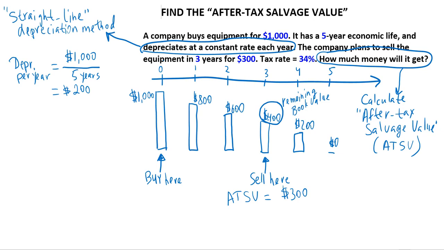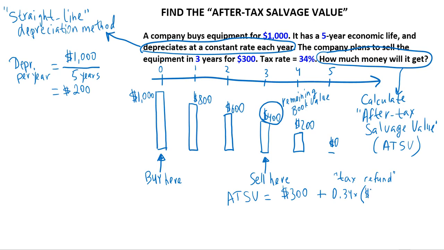And so since the taxes are being overpaid, now when we sell the equipment at a loss, essentially we're going to get a tax refund. So we're going to put plus, and there will be an extra amount that we call a tax refund, right? How much is it going to be? We take the tax rate, 34%, 0.34, and multiply by the difference, by how much the remaining book value exceeds the selling price.